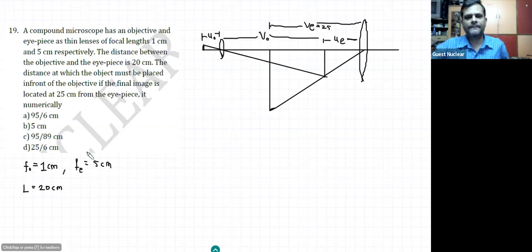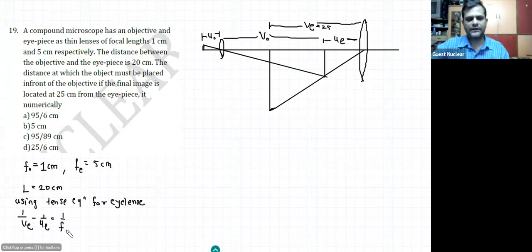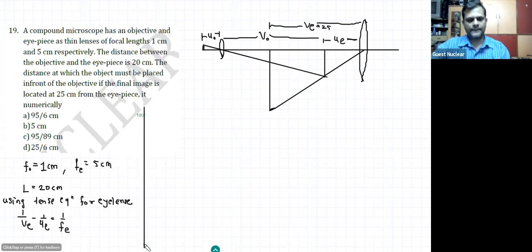Okay, so first we will use the lens equation. So let us use the lens equation. But that is for the eyepiece, not for the objective. Okay, for the eyepiece. So for the eye lens, use the lens equation, what does it become? 1/VE minus 1/UE is equal to 1/FE. This is the lens equation applied for the eyepiece. Okay. So 1/VE. What is VE here?